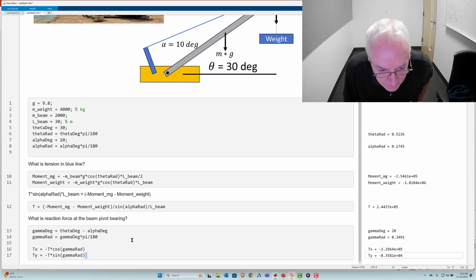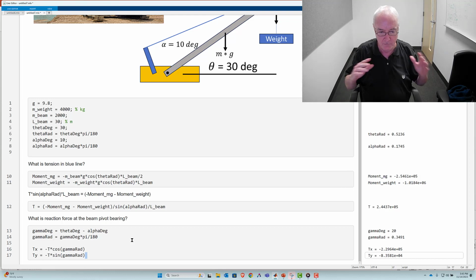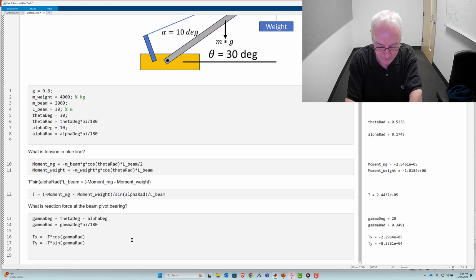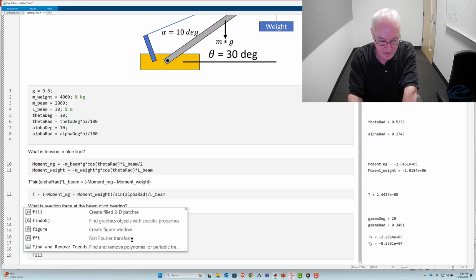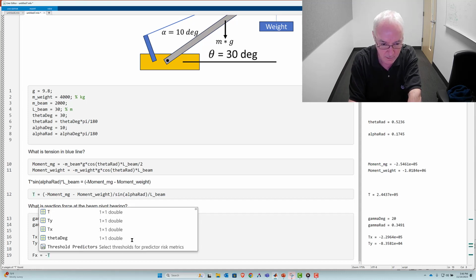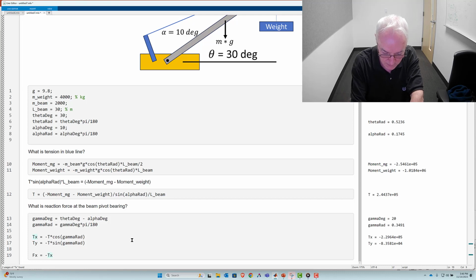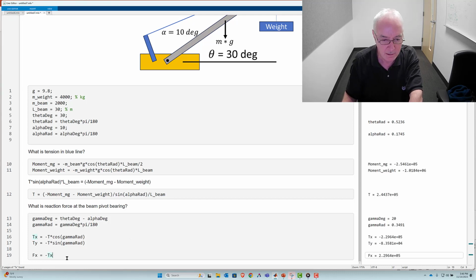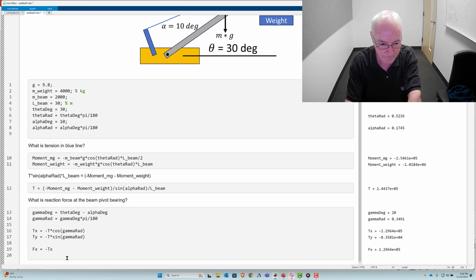Now it's just sum of forces in the x and sum of forces in the y. I'd say x is a little bit easier, because Fx plus Tx is equal to 0. Therefore, because they add to 0, it's simply minus Tx. Now let's get Fy, which is a little bit more.